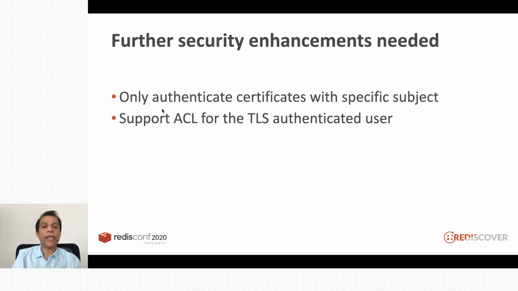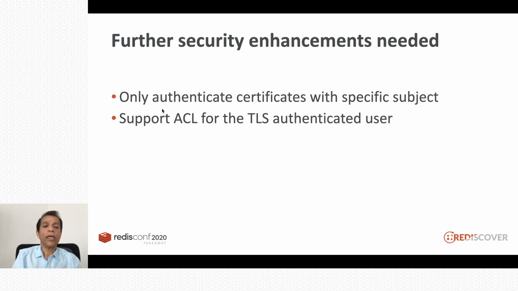As we saw in the TLS demo, the server is capable of authenticating the client. However, there's no way today in Redis 6.0 server to say only authenticate the clients that match a specific subject in the certificate. That minor enhancement is needed.